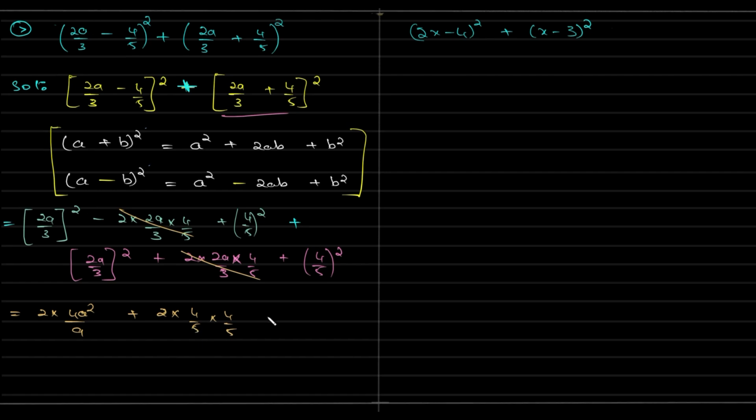Of course, you can even skip this altogether and directly write the answer. 8a square by 9 plus 16, numerator I'm multiplying. 16 twos are 32, 5 fives are 25. Done. Not too hard.